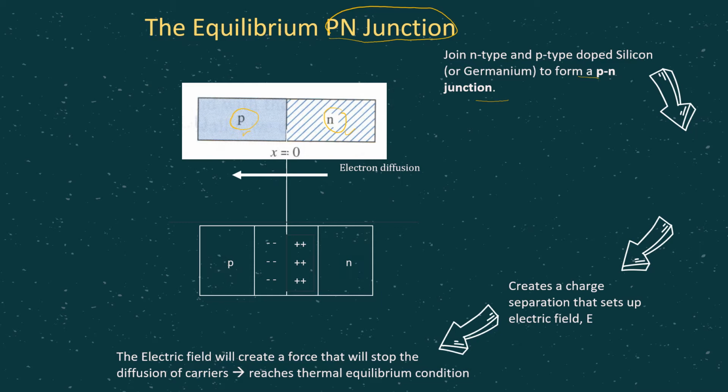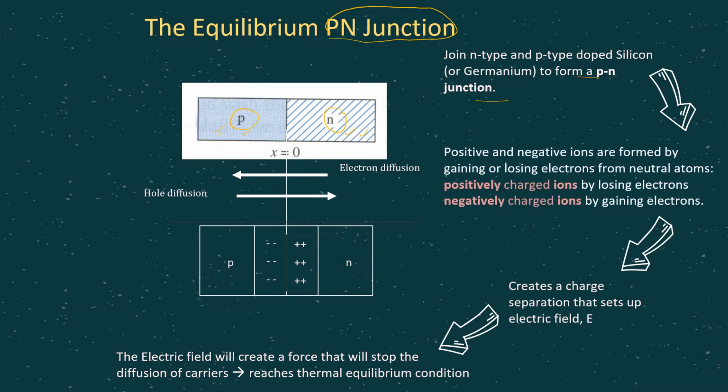When electrons are at the N-type side, they are the majority carriers, but when they come to the P-type side they become minority carriers, meaning at the N-type side they have higher concentration compared to P-type. That's why electrons tend to diffuse from N-type to P-type. And in the opposite direction, holes tend to diffuse from P-type to N-type, again because of the concentration gradient.